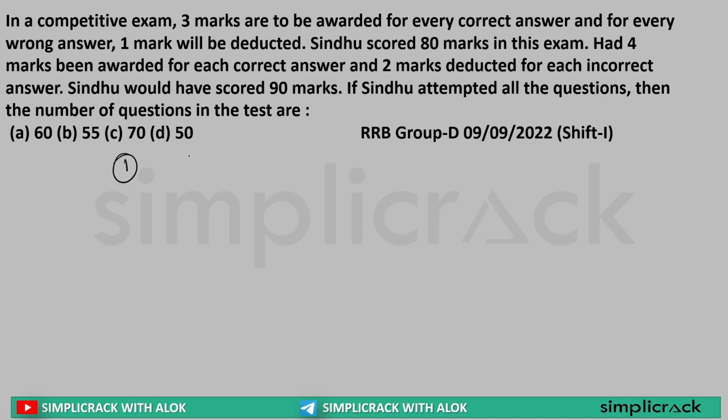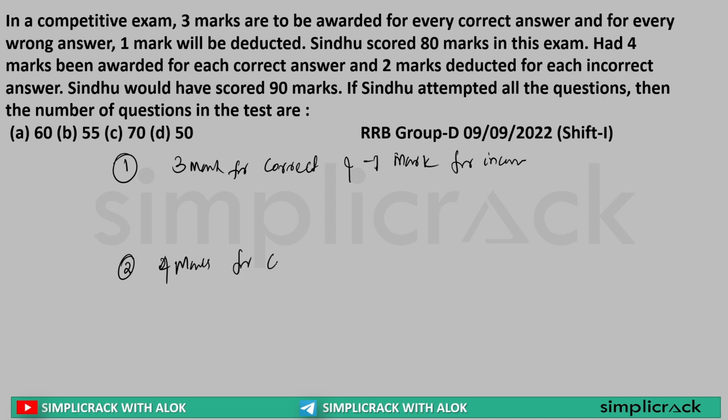First logic: 3 marks for correct and minus 1 mark deduction for incorrect. Yes or no? Now the second logic: 4 marks for correct and minus 2 for incorrect.